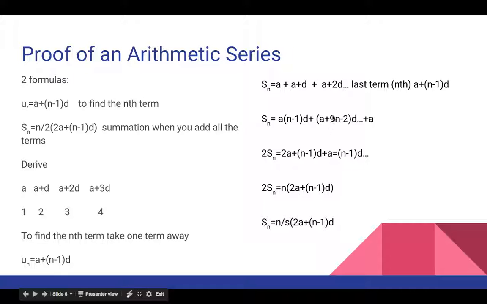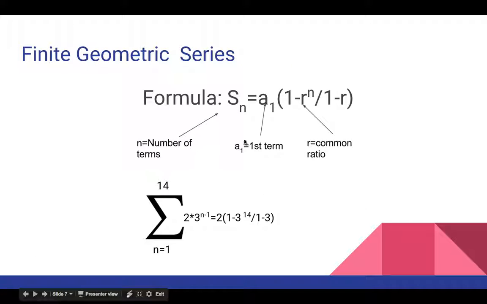And this 9 is a mistake, so ignore that. Scratch that out. Anyways, so now that's the proof of an arithmetic series, and that's our equation for an arithmetic series.